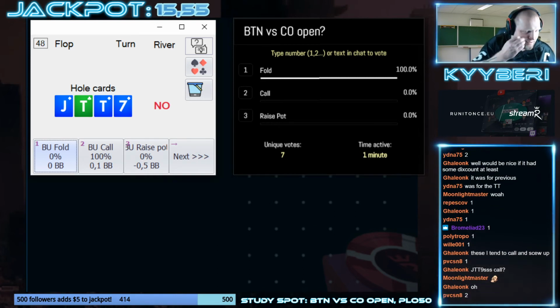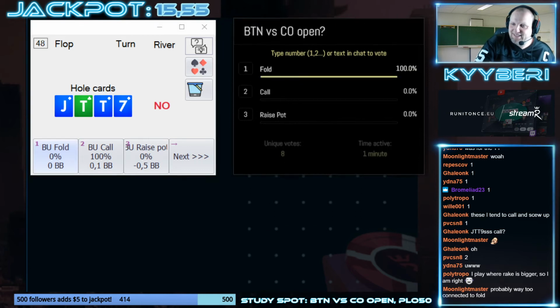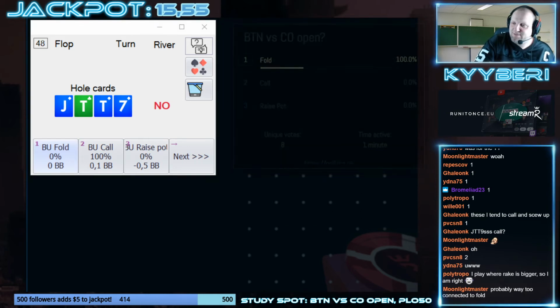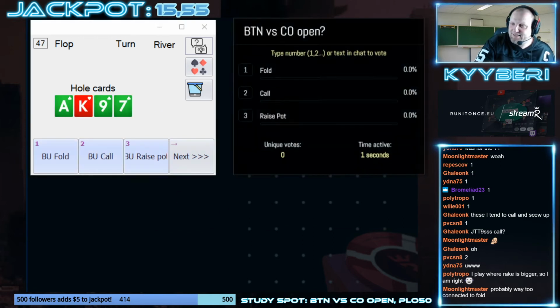Wow. I think hell just froze over. Where the rake is bigger. Yeah, you play on iPoker. 6% rake with big cap. Big cap.